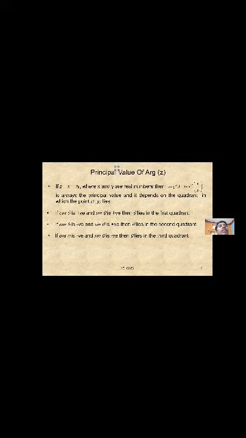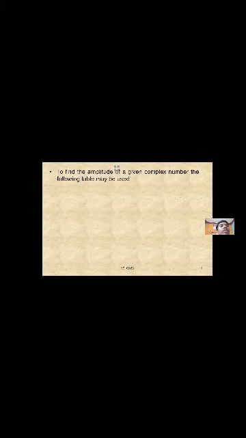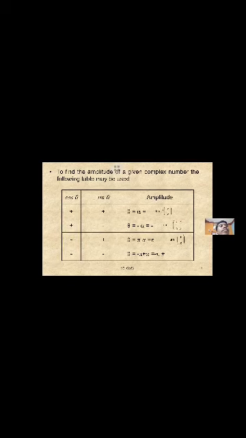If cos theta is negative and sin theta is negative, then theta lies in the third quadrant. If cos theta is positive and sin theta is negative, then theta lies in the fourth quadrant. To find the amplitude of a given complex number, the following table may be used.